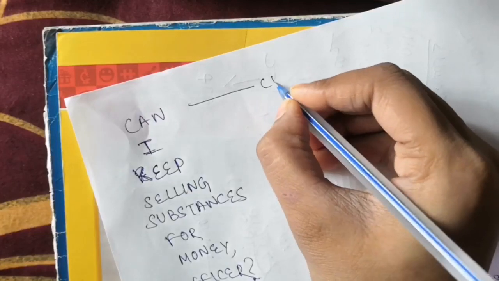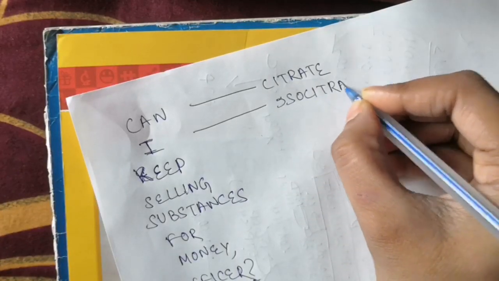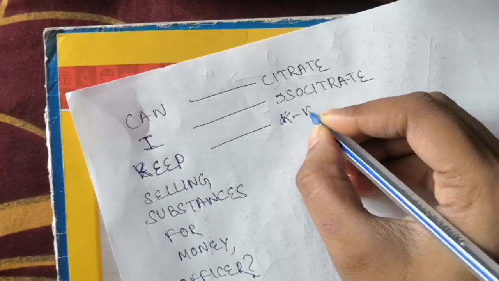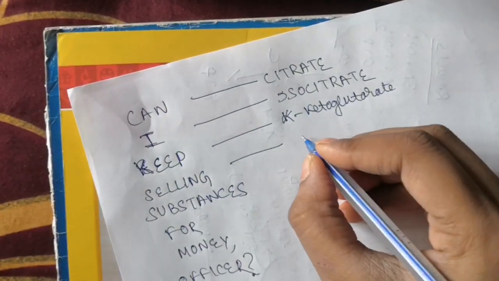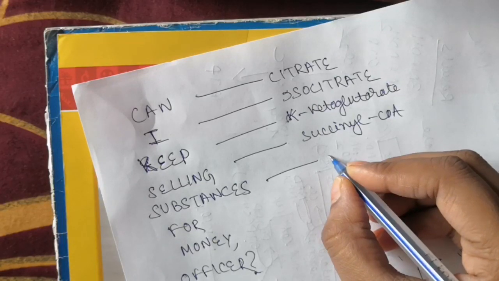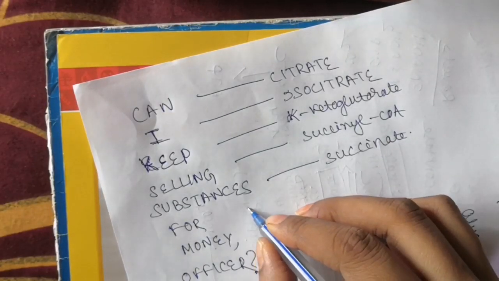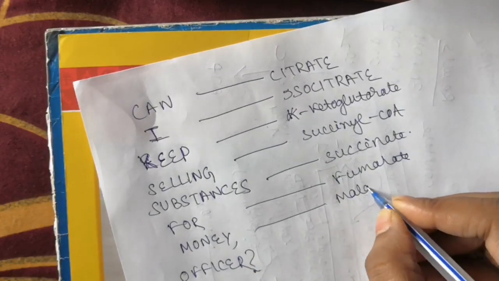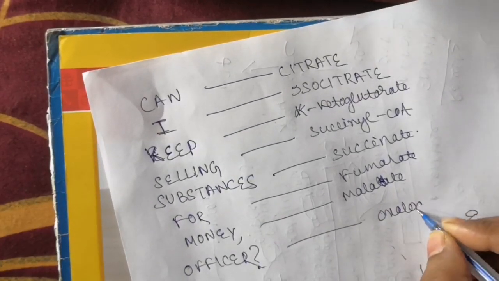So here, Can means citrate, I means isocitrate, Keep means alpha ketoglutarate, Selling means succinyl coenzyme A, Substances means succinate, For means fumarate, Money means malate, Officer: O means oxaloacetate.